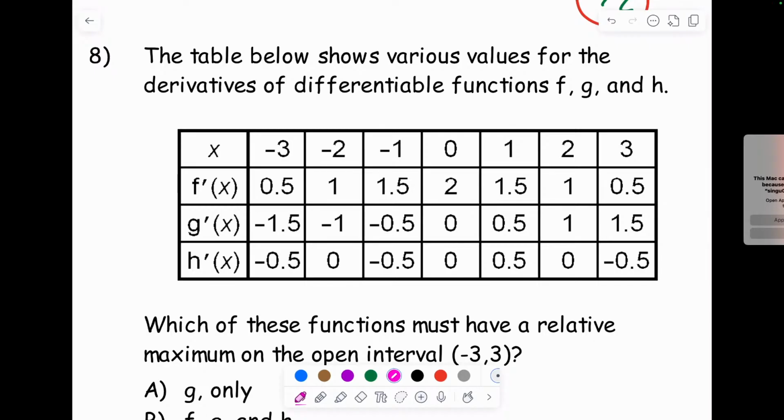Okay, Stefano, what do you think? Okay, so here, f of x does not have a relative maximum. Why? Because every value here is positive. It never changes. It just keeps on increasing, right? Okay, good. g of x does not have one. It has a relative minimum at 0, but that goes from negative to positive. Okay, stop there.